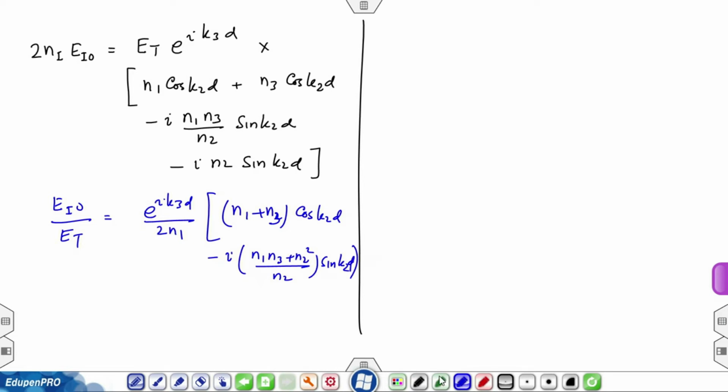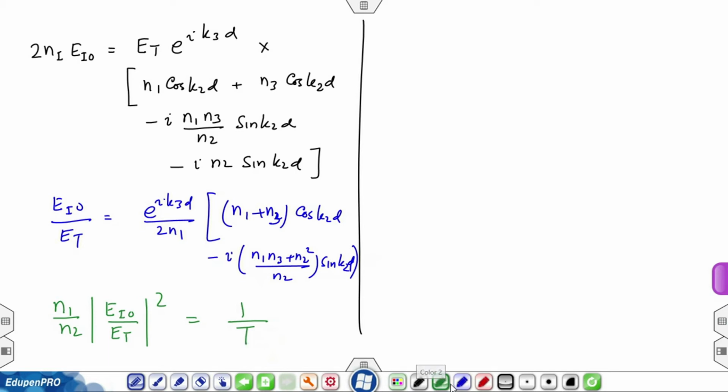And remember what I am after? I am after N1 over N3 mod EI0 over Et square, sorry, it should be N3, because I am talking about the transmission in medium 3. This is 1 over t, and then I can write t.